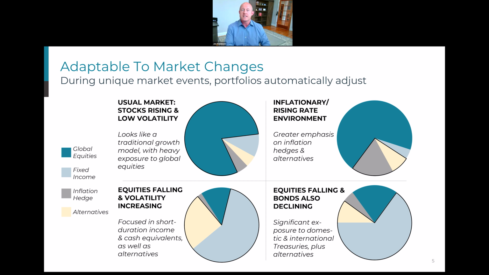We're also overweight fixed income, both in the intermediate term and the short term, with a healthy allocation to alternatives. And this is both alternatives in the classic sense to provide non-correlation, but also a hedged equity component in the portfolio to represent US equities in a downtrending environment.